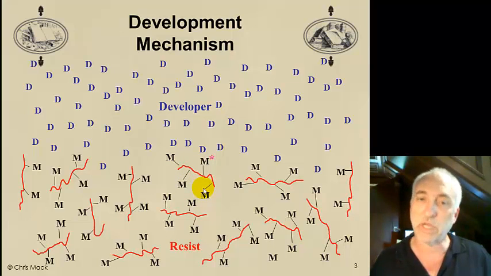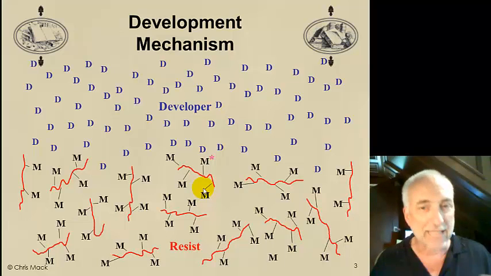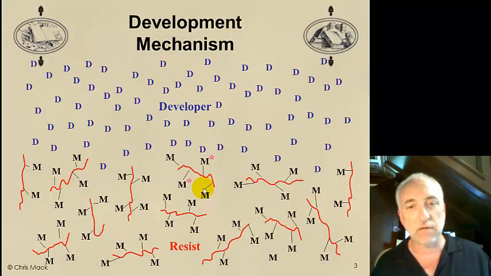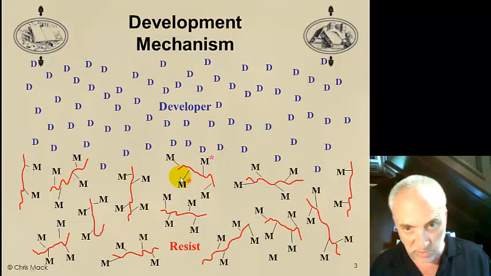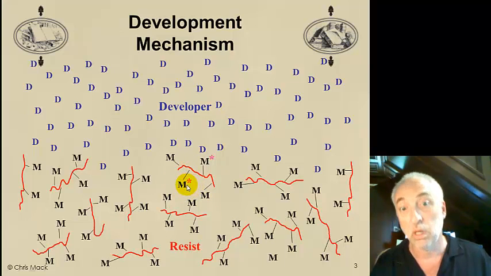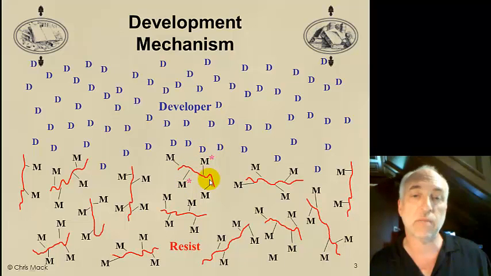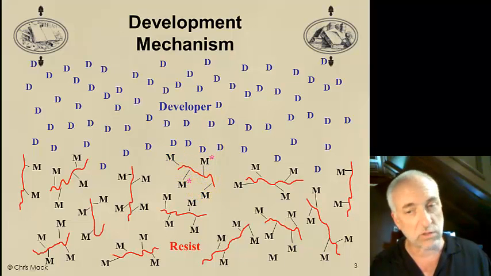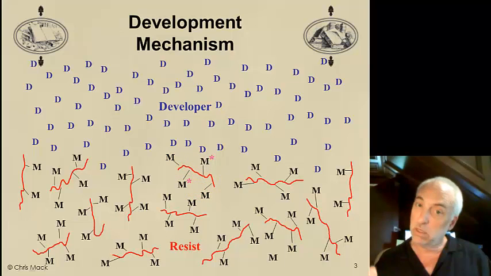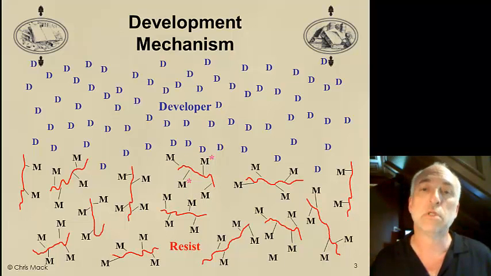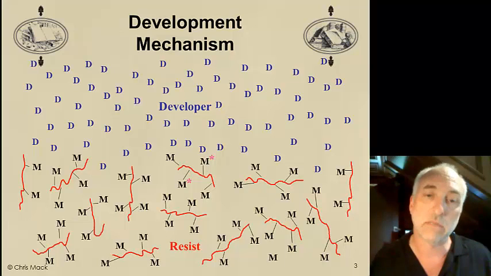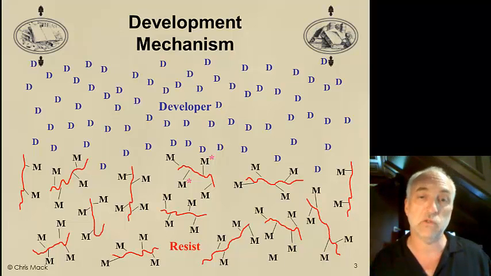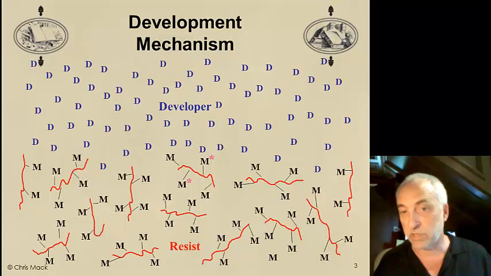Okay? Well, suppose I exposed a little more and I reacted a little bit more, and an acid found its way to this site and caused a deprotection event to occur. Now I've got 2 deprotected sites wanting to pull that polymer into solution, and 2 protected sites trying to keep it behind. The developer looks at that situation and, well, I'm sorry again, but the protected sites win out, and the 2 deprotected sites aren't enough to pull it into solution.